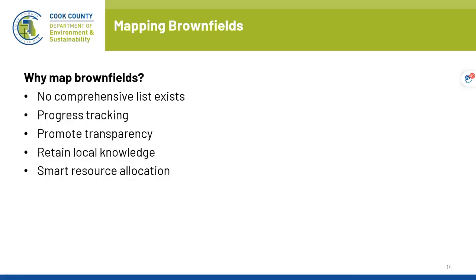So why map brownfield sites? There's really no comprehensive list of brownfields in the country, again, because these sites may or may not be contaminated. Do you include it? Do you leave it out? In mapping brownfields, we can track progress. So as we saw before, a lot of this work is grant funded. So there may be funding for a few years.